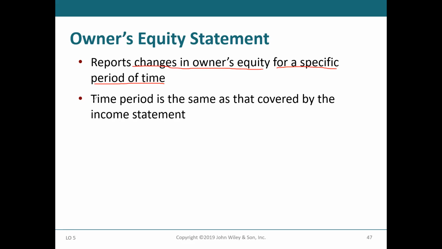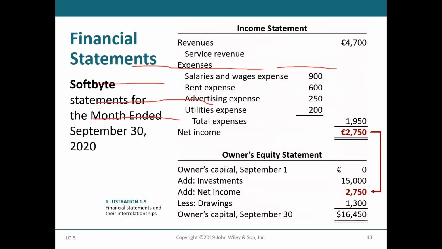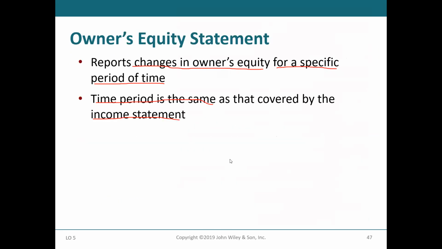It's the same as the income statement; the time period would be the same as the income statement. So what does the owner's equity statement include again? You remember, we have owner capital at the beginning, add investment, add net income, minus drawings, and it will give you owner capital at the end of the month or the period.